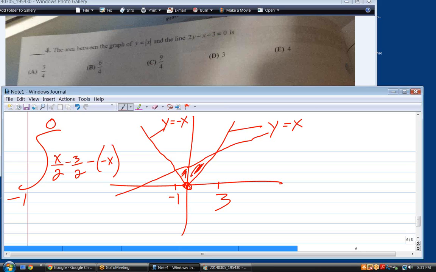This area right here is the straight line function minus a minus x. And then I'm going to add to that the area from 0 to 3 of x over 2 plus 3 halves minus a positive x. So that's the way I want to do this.